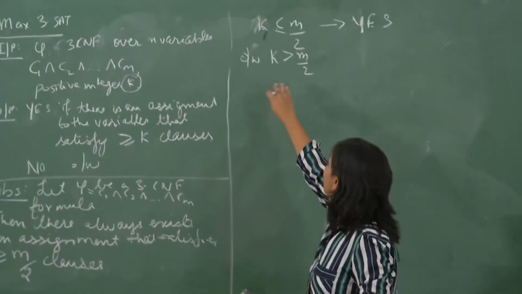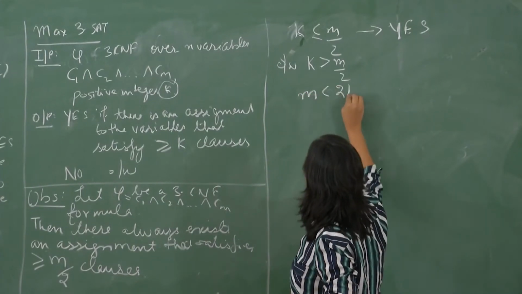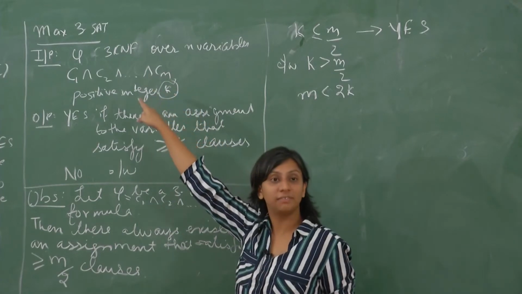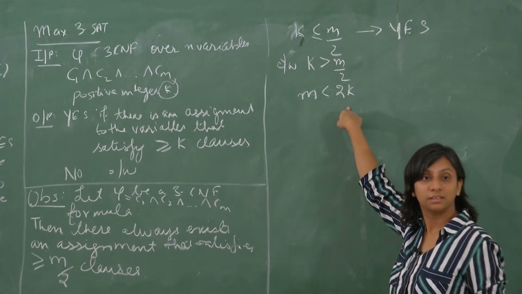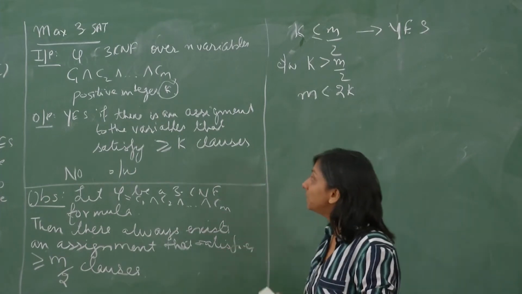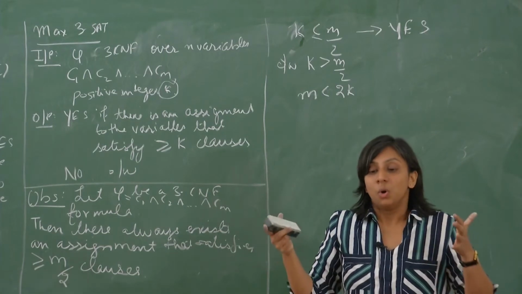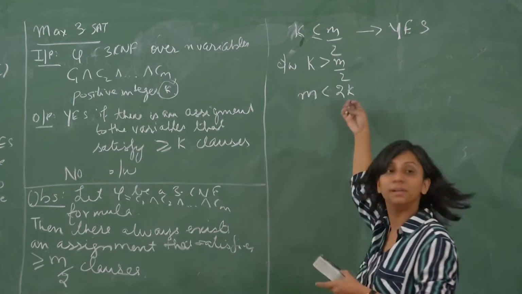Otherwise you are in this case, and that means m is strictly less than 2k. That means in the input instance itself, the number of clauses was less than 2k. Or in other words, the input instance itself was bounded by this parameter.